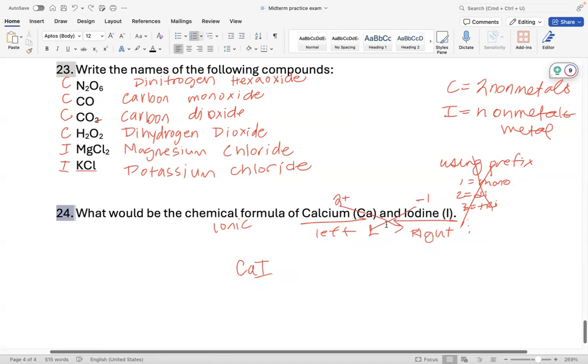So calcium has a subscript of 1, I'll just leave that off. Iodine would have a subscript of 2. So the chemical formula for calcium and iodine mixed together would be calcium iodide, CaI2.